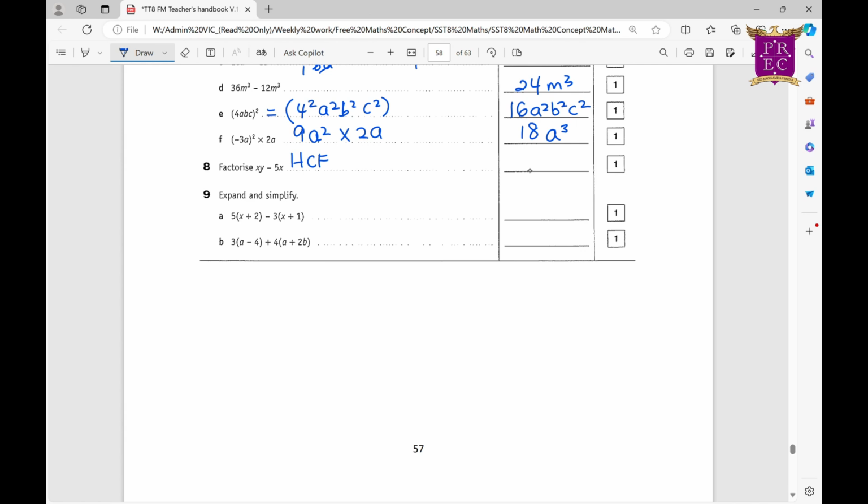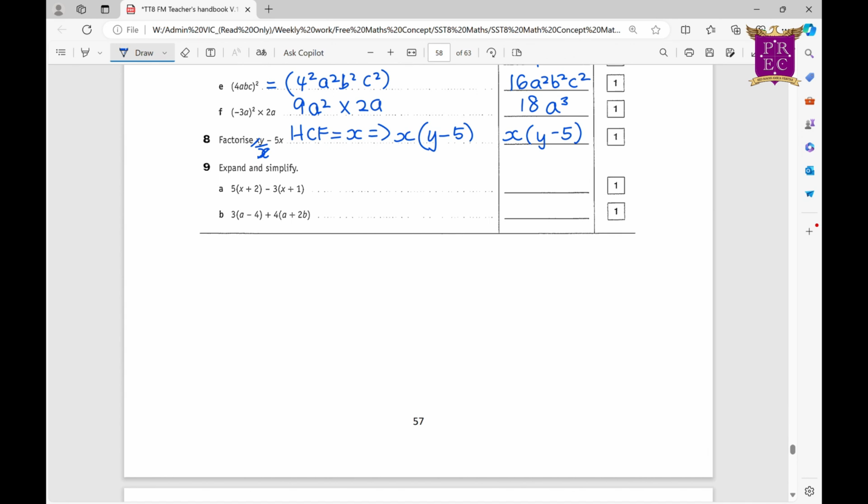And so what you need to do is write x outside the bracket. xy divided by x, you can just cancel the x out, leaves you with y. And -5x divided by x is just -5. So that becomes x bracket y minus 5.